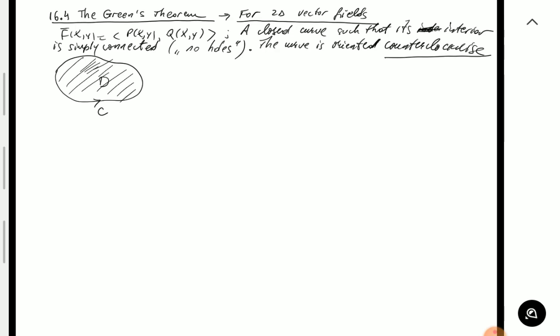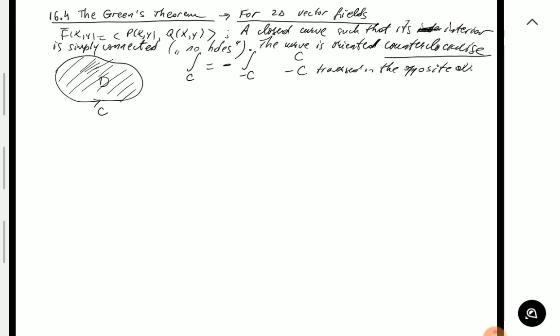Remember, the line integral is going to be the negative of the same line integral if you go over the curve traversed in the opposite direction. So if C is traversed one way, clockwise, counterclockwise, or from point A to point B, minus C, the notation, means the same curve traversed in the opposite way.